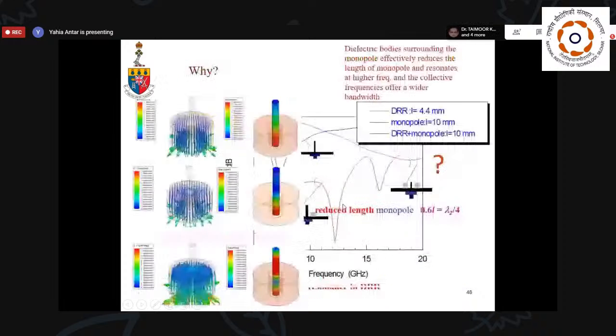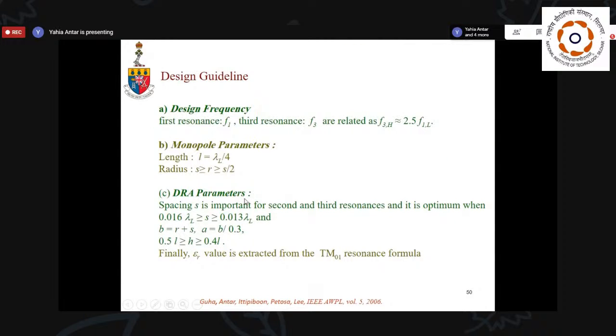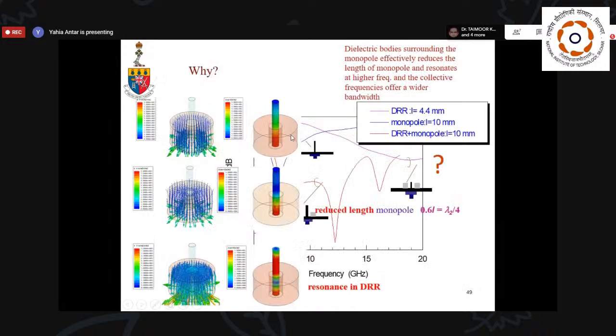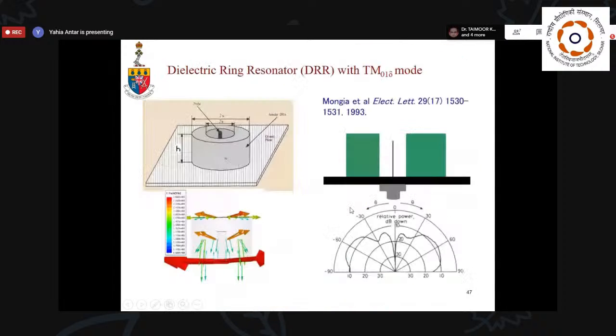And the way we found that was basically looking at the current distribution. If you go into detail, you will find that the monopole is reduced in length at the third frequency. And this gives us guidelines to design. So if you want to design an antenna that has about 300% bandwidth, you go back here and choose the frequency.